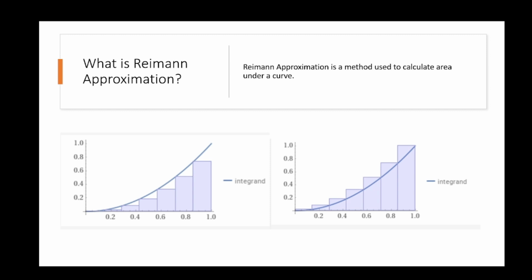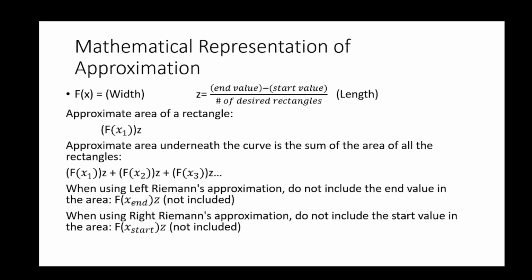The Riemann approximation is a technique in calculus for estimating the area under a curve by summing up the area of many small rectangles. Here is the area under the curve. For the mathematical representation of the approximation, we have two important keys: f(x) and Δx. Δx is the end value minus the start value, over the number of rectangles.